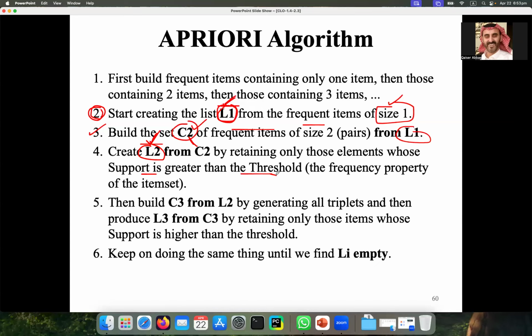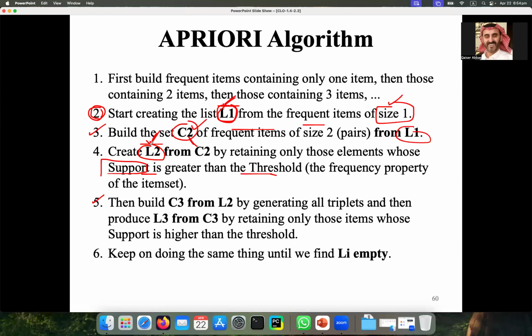For example, if the threshold is 1, and if the value of the support is higher than the threshold, then you will keep it, otherwise not. Normally you can say that support is a probability value, so how can it be more than 1? Then it means that it is the number of counts.